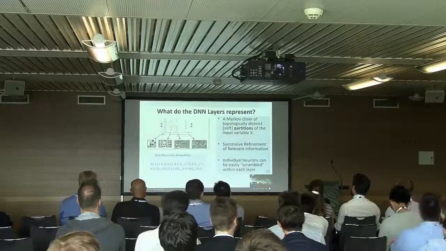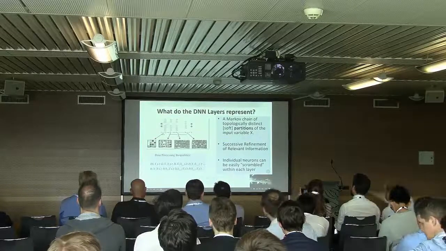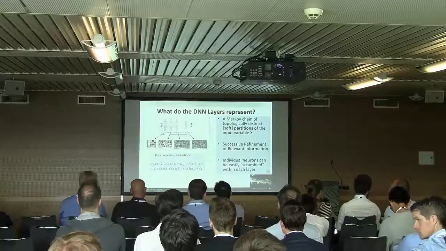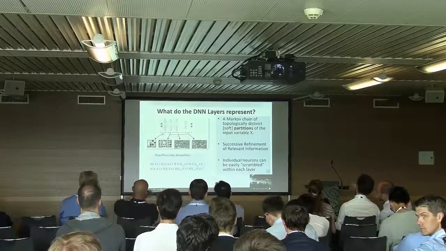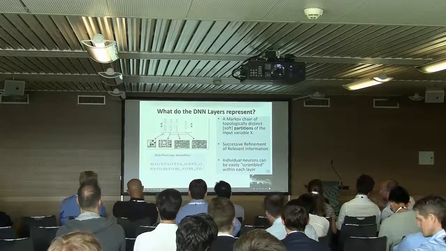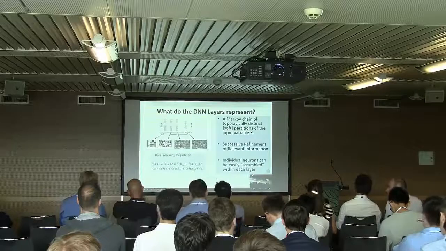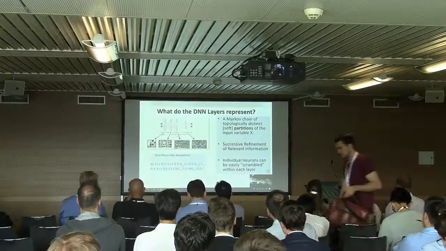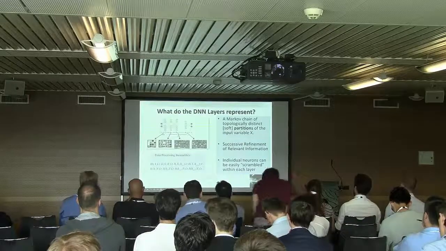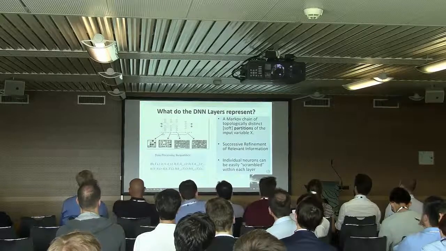So in this language of mutual information, all the networks which are related to each other by some sort of invertible transformations of the weights between the two layers are not going to change anything. So there are many, many different networks which are described by the same information.